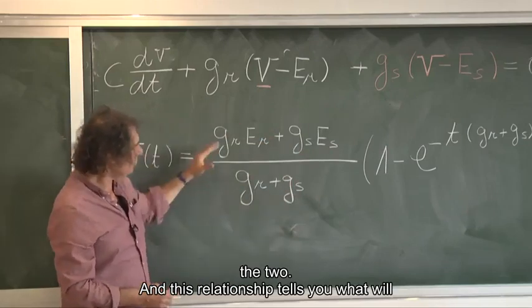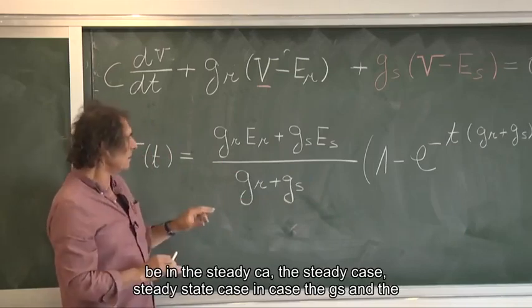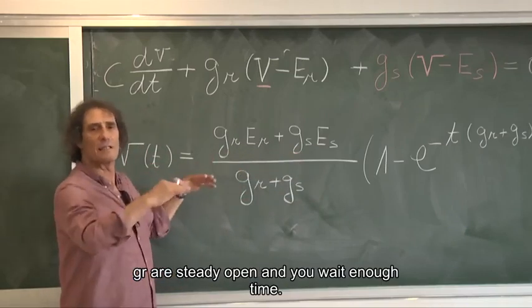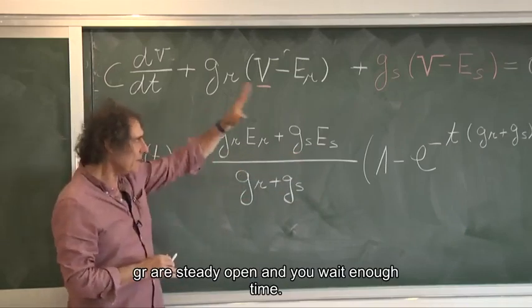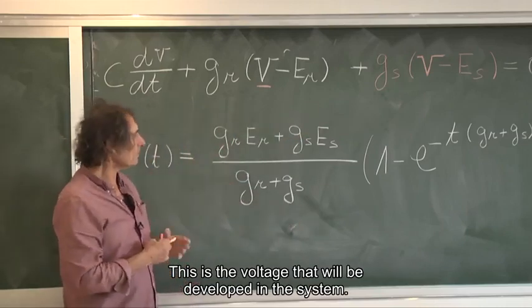This relationship tells you what will be the steady state case, where GS and GR are steadily open and you wait enough time. This is the voltage that will be developed in this system.